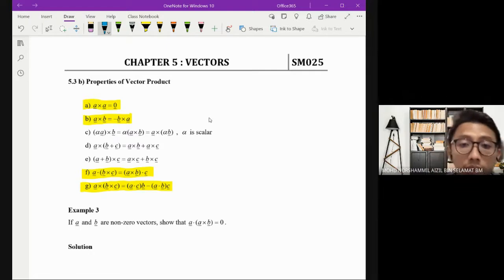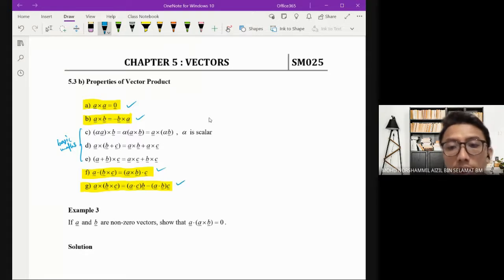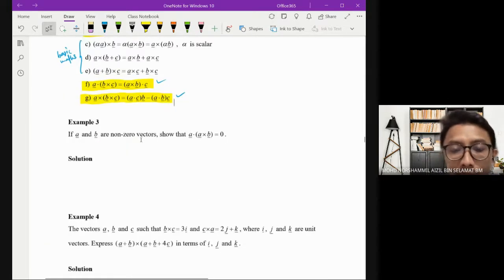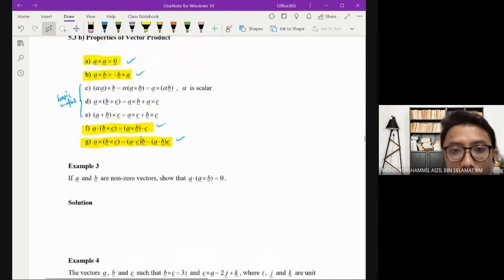Easy lah for understanding. So kalau yang ini dia basic, more to basic maths lah. So should be okay. So the yellow color that you need to remember or maybe memorize. Okay. A, B, F, G ni. Okay guys, so let's go through example number 3.